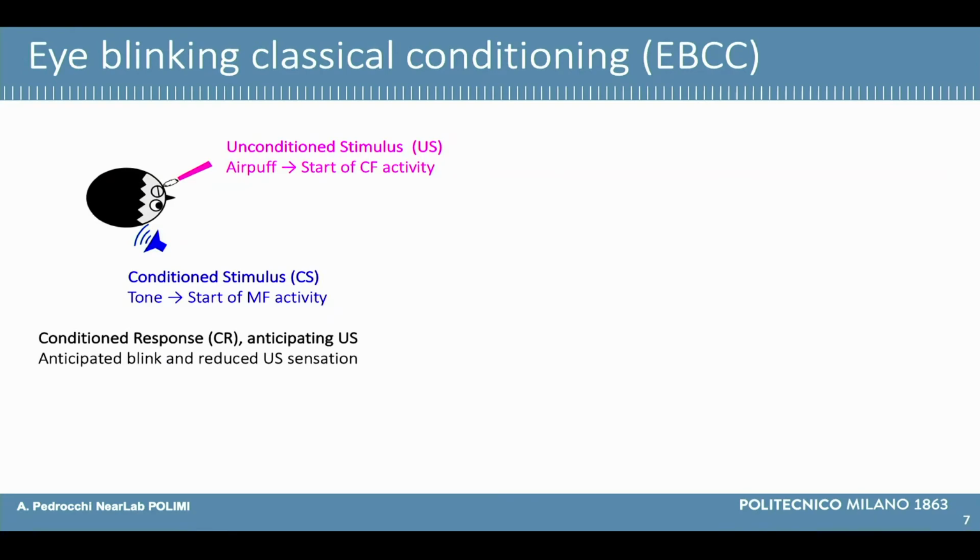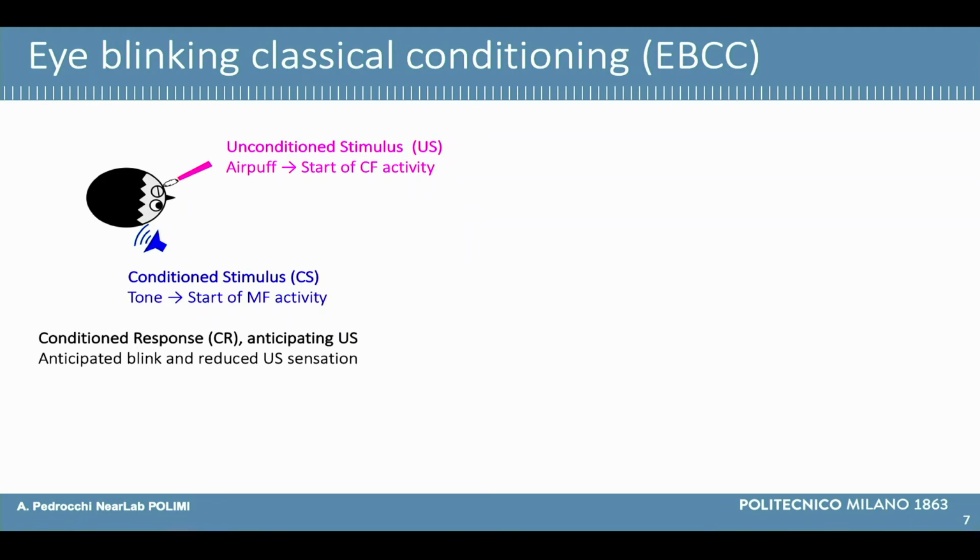In the case of eye-blink classical conditioning, which is the most used protocol, we have a conditioned stimulus, such as a tone, and then an unconditioned stimulus, such as an air puff, which forces the eyelid to close. After a certain number of repetitions, the association between the tone and the air puff is learned by our cerebellum, and so the eyelid closure, the conditioned response, occurs just before the air puff.